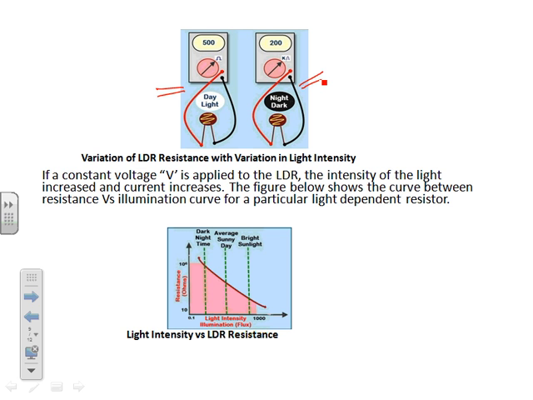The graph shown below shows the relation between the resistance versus luminance curve for a particular light dependent resistor. At dark or night time, the resistance will be very high, and in bright or sunny light, the resistance will be very low. So this is the relation between the resistance of the LDR with respect to the luminance.